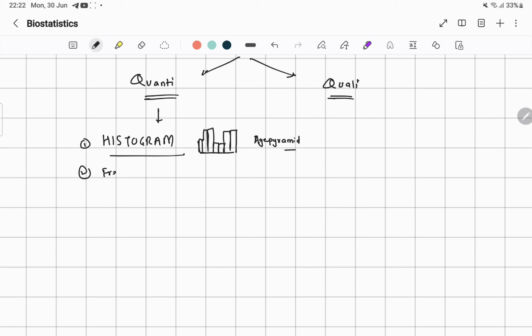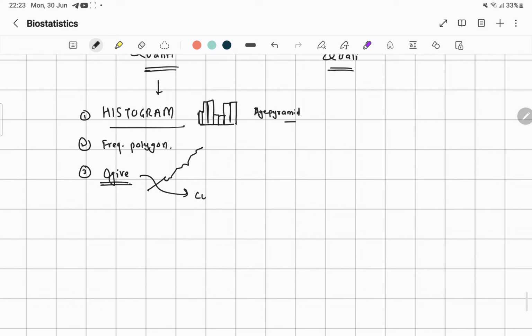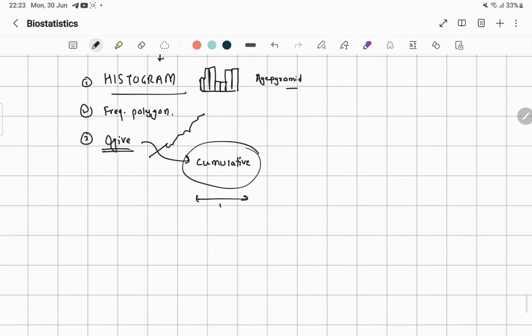Second, you can use a frequency polygon or curve. Third, you can use an ogive. Ogive is basically a cumulative frequency polygon. When you are representing a cumulative frequency polygon, use the ogive. It is the sum of frequency of the same class interval as well as the preceding class intervals.